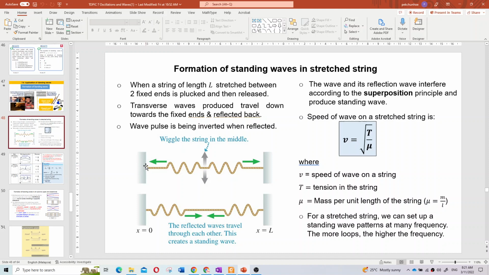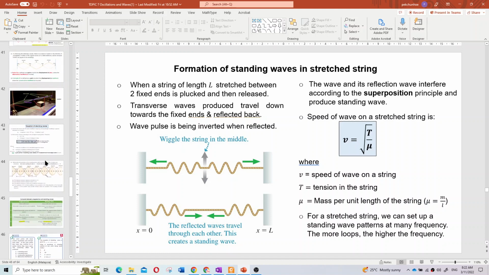This part is fixed and this part also fixed, so the wave is reflected back. These two waves are identical and moving in opposite directions. That's why when they superpose, they create a standing wave.